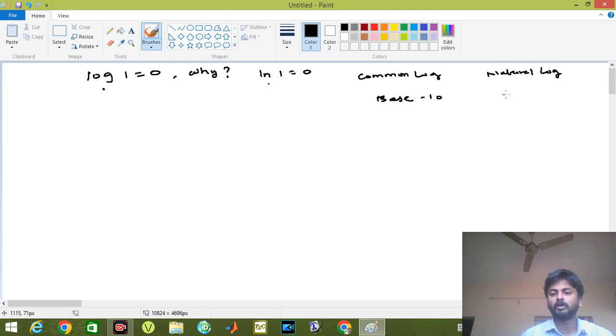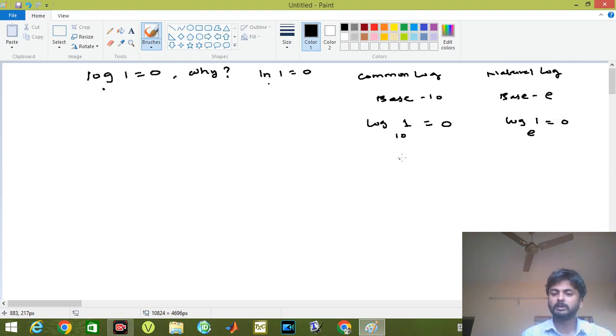In natural log, we will have base as e. So this can be written as log 1 to the base 10, and here we will have log 1 to the base e. In both cases, we are going to have the same result equal to 0.